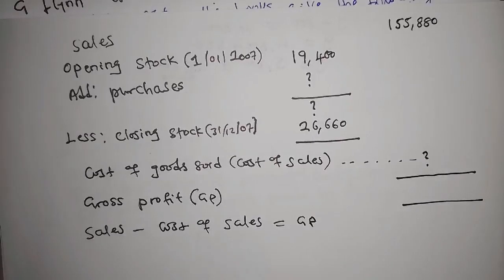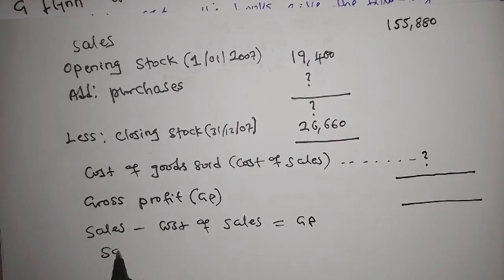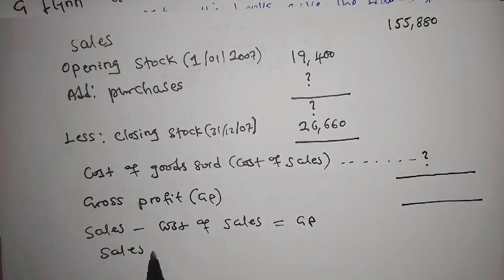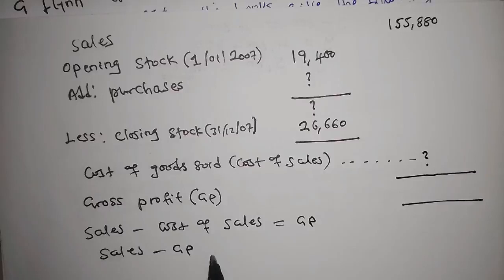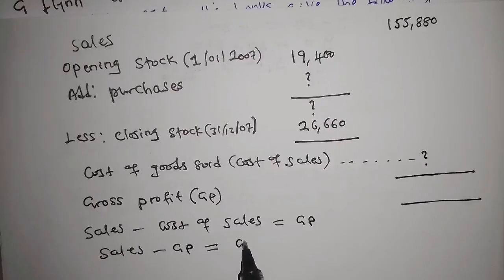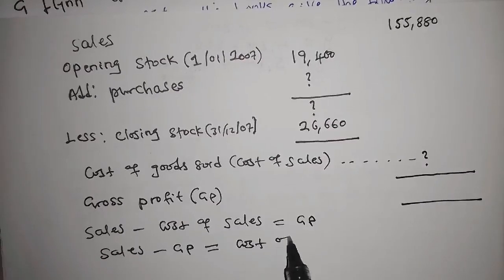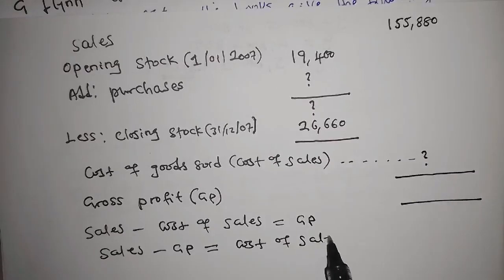Now we have to find the cost of sales, so we isolate it by taking it to the other side: sales minus the GP is equal to cost of sales.